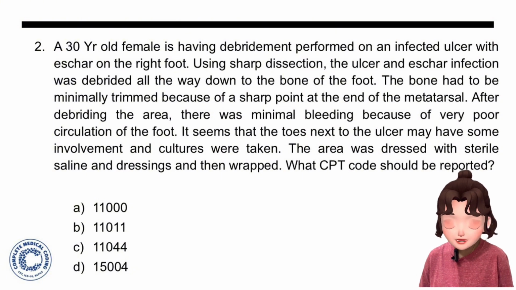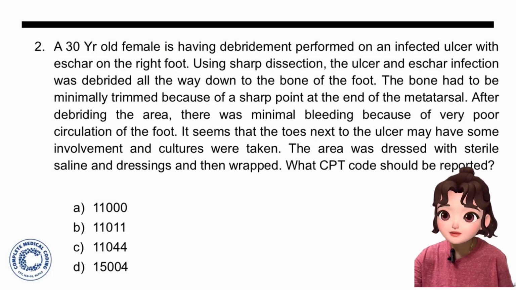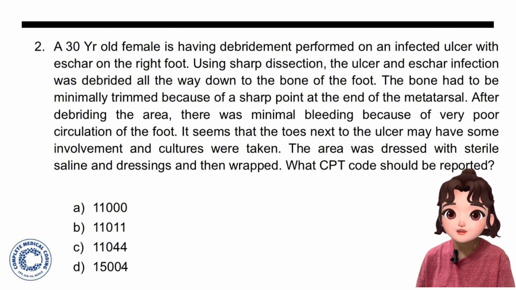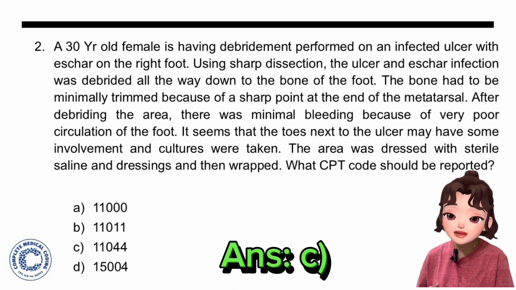What is 15004? Surgical preparation or creation of recipient site by excision of open wounds, burn scar or incisional release of scar. No, this is excision of open wound. 15004 is excision, so that is wrong. This is debridement. So we got the correct answer as option C, as mentioned earlier, 11044, debridement of the bone.